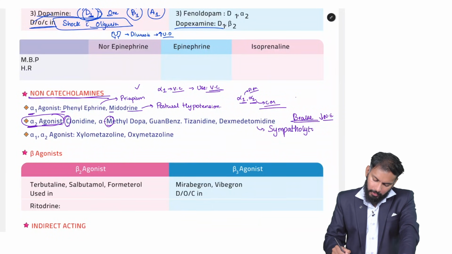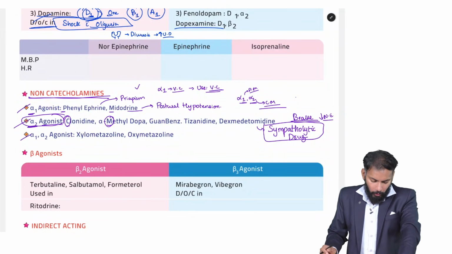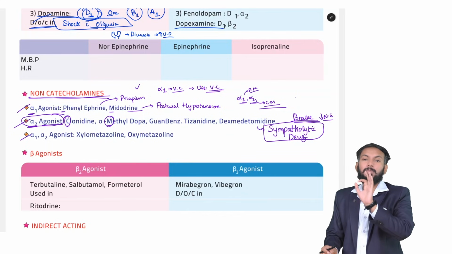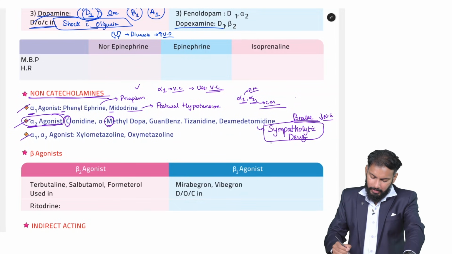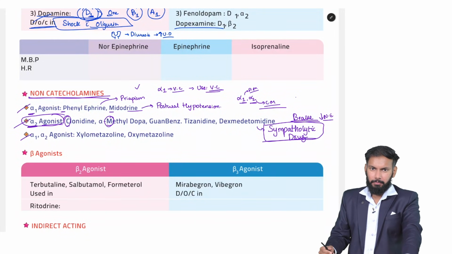Why did I keep it in this chapter then? To maintain the continuity of the non-catecholamines, I have placed it here, but these are sympatholytic drugs because they are decreasing the neurotransmitter. Please get this into your head. Did you understand? Clonidine and methyldopa. So if it is a sympatholytic drug, will it increase the BP or decrease the BP?